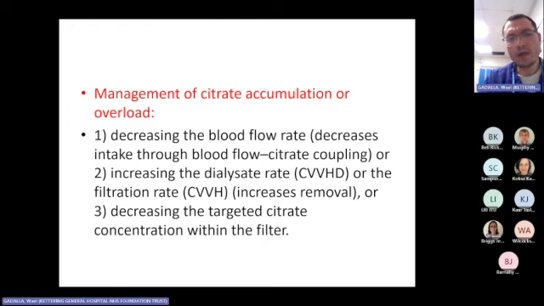Also, you can target a lower citrate concentration within the filter. You can decrease the citrate infusion. We said that we start with 40 to 60. We can decrease the citrate infusion.